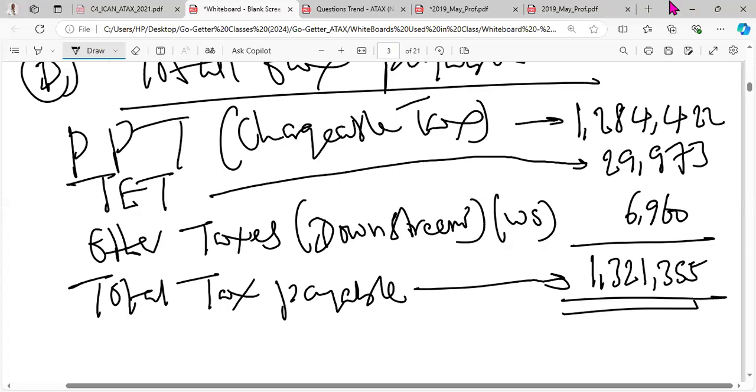So this is a very comprehensive question on petroleum profit tax.